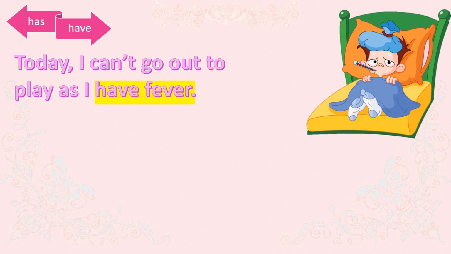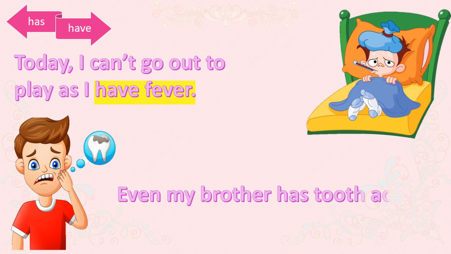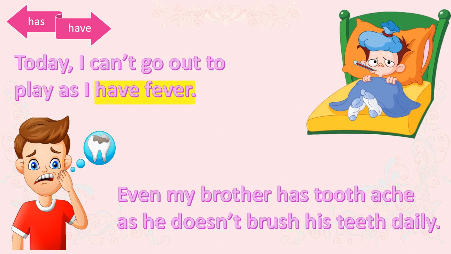Here, have is used to talk about fever, and fever is not possession, it is suffering. Similarly, even my brother has toothache as he doesn't brush his teeth daily. Children, here toothache means pain in the tooth. So we have used the word has with toothache to tell the suffering.